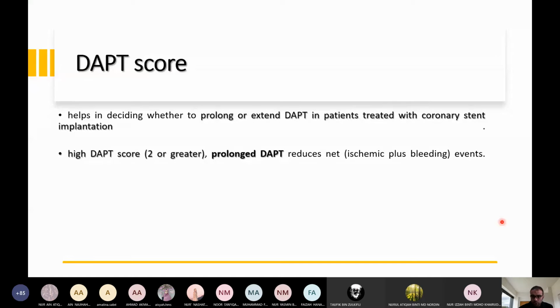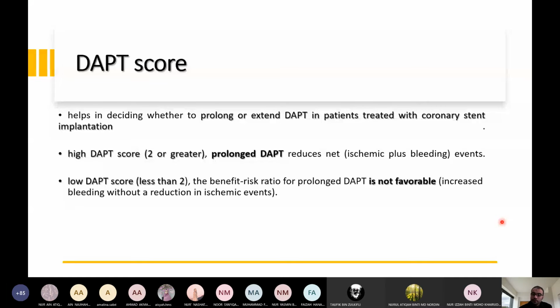Usually a higher score, 2 or greater, means prolonged dual antiplatelet therapy will most likely reduce the events compared to conferring bleeding risk.